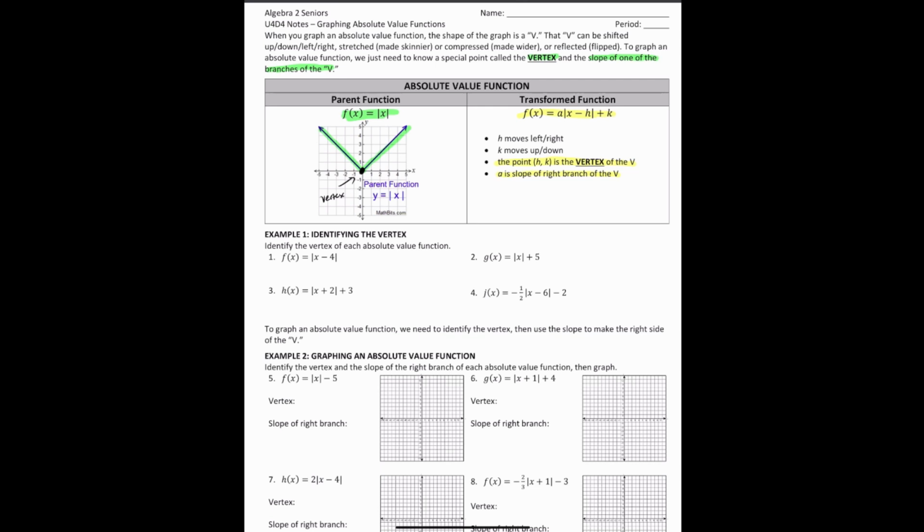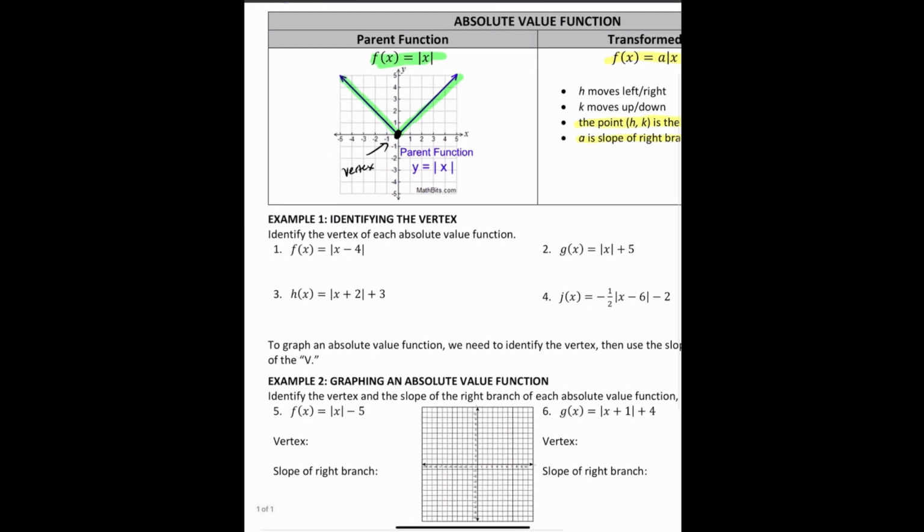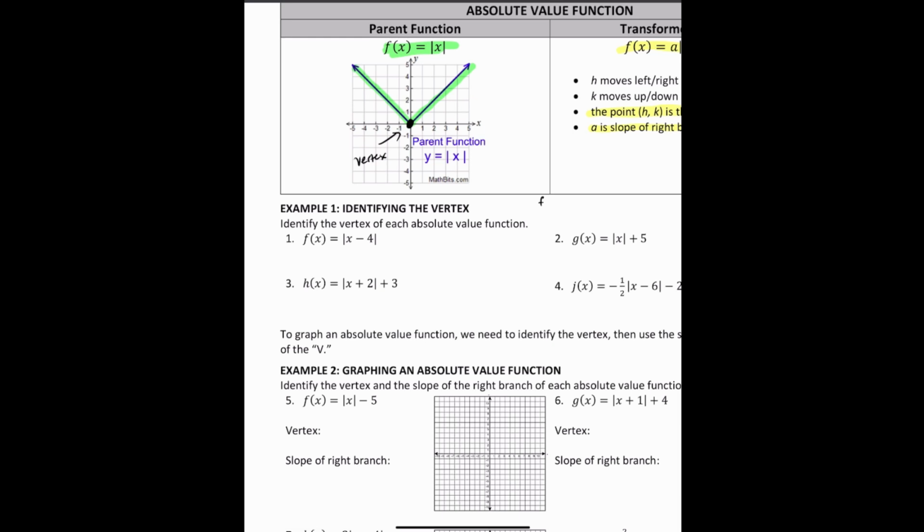Now, before we graph absolute value functions, we need to practice identifying the vertex. So number one, we have f of x is equal to the absolute value of x minus 4. But remember, the transform function is f of x is equal to a times the absolute value of x minus h plus k, where h and k is the vertex.